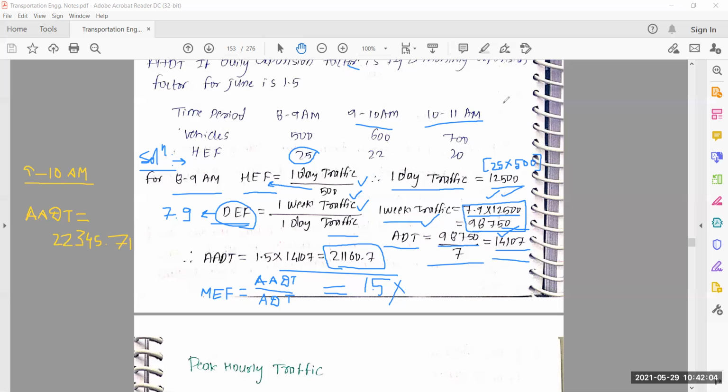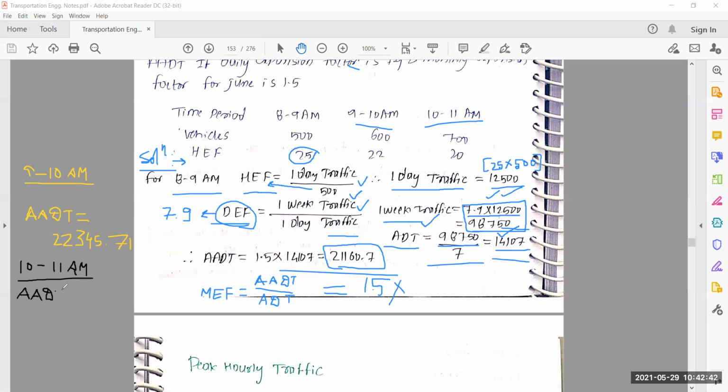Again, from 10 to 11 a.m. we calculate annual average daily traffic.